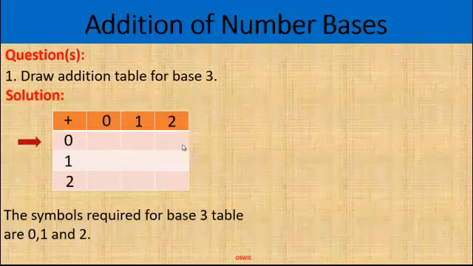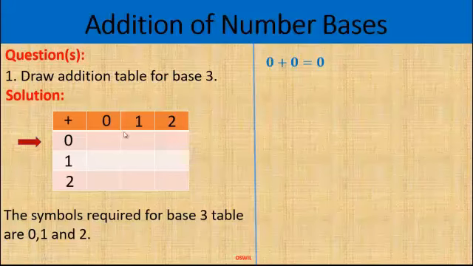Taking the second row, we pick this 0 and the 0 up there. When it is added, we get 0. 0 is less than the base we are talking of, that is base 3. And hence, we write the 0 as an answer in the table.